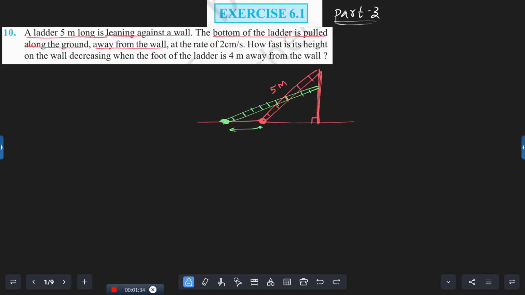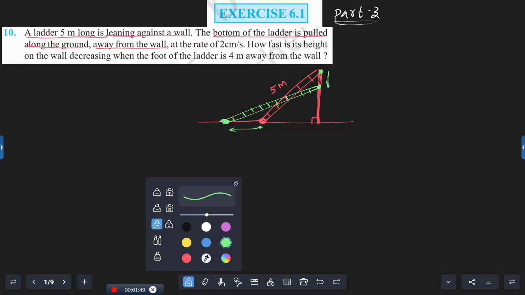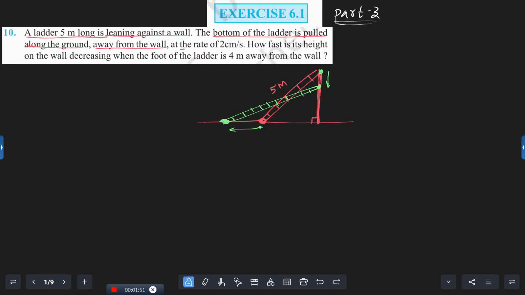When it is moved, what is happening to the top of the ladder? It is decreased. Have you noticed? When the bottom increases, the height decreases. And based on that, what they have given is at the rate of 2 centimeter per second.